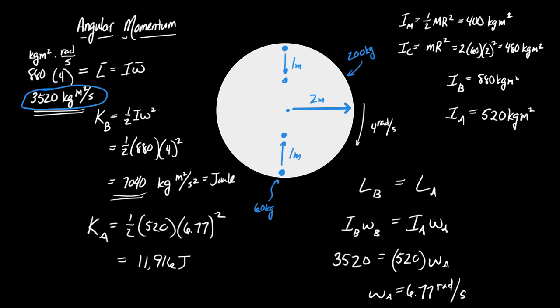Now, the first thing I want to point out is I would never ask you to do it this way. I would ask a more esoteric sounding question, like what was the net work done by the kids on the merry-go-round? You would have to translate that as finding the change in kinetic energy.